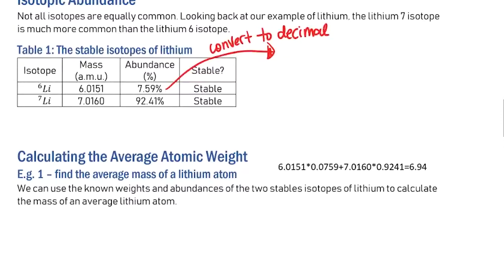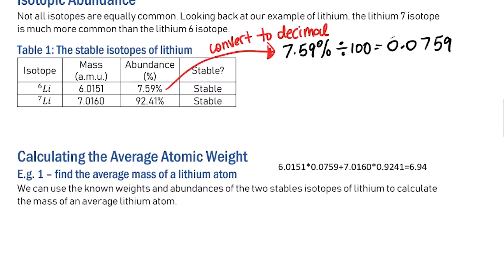Well, the nice thing is percentage just means out of 100. So to take 7.59% and make it a decimal, taking it out of 100 just means dividing it by 100. And when we get that, we should get 0.0759. And those numbers are the same, but this one we'll be able to do math with.